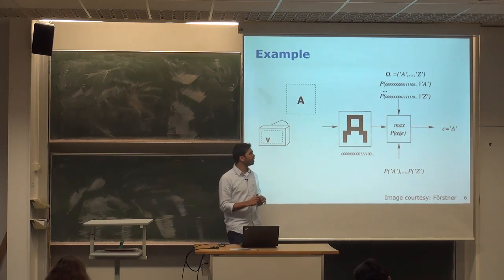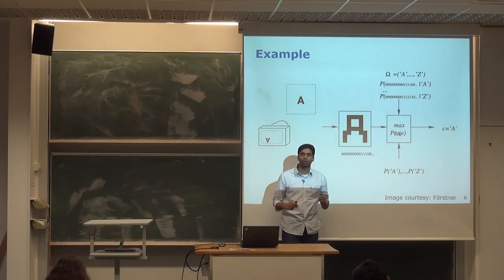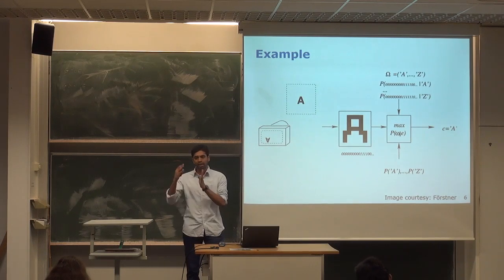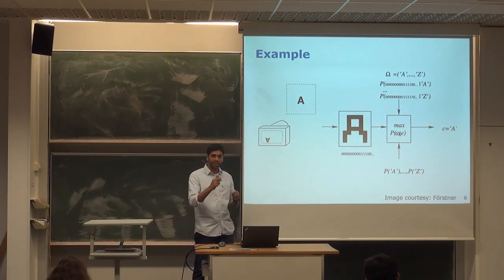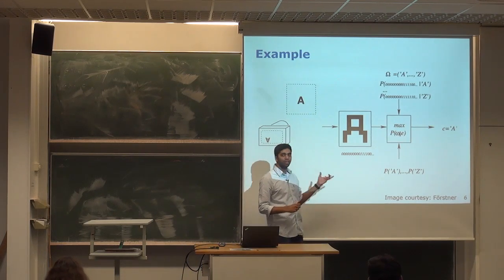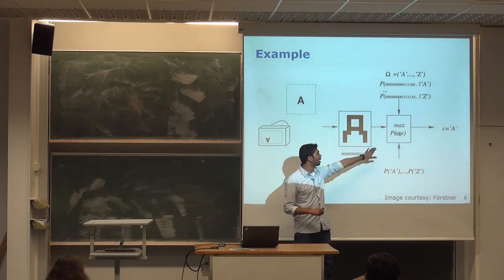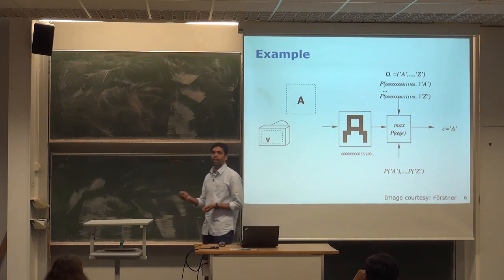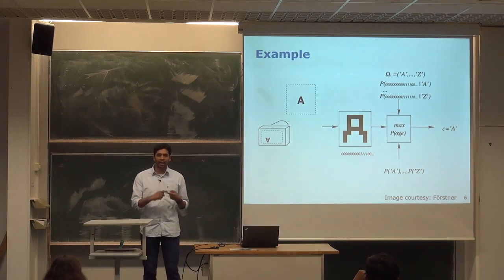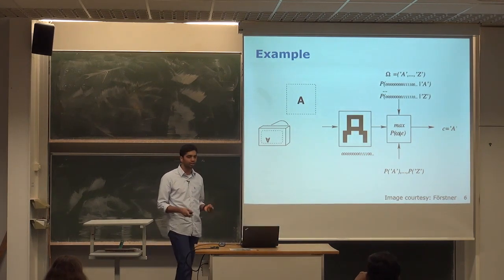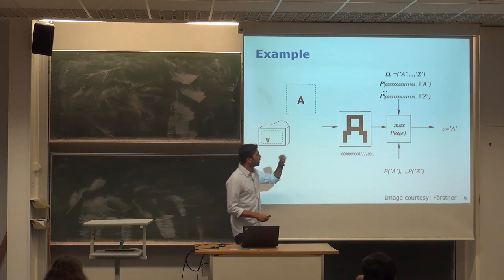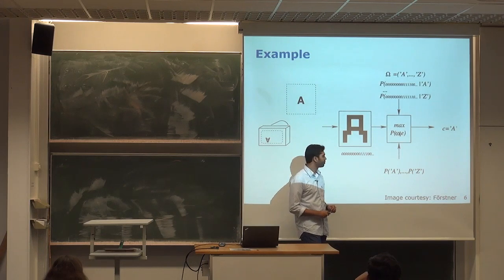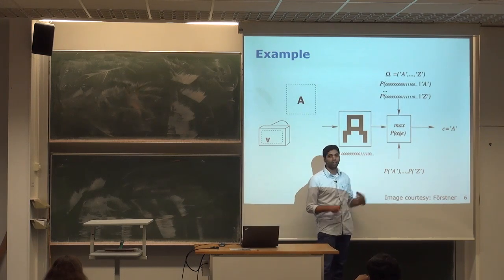So the question that the classification system must answer is: given this string E, what's the class of this string? The class is determined by omega here, right? If it's letters in the English language, this could be A, B, C, and so on. In this particular case, it computes this probability for each class.